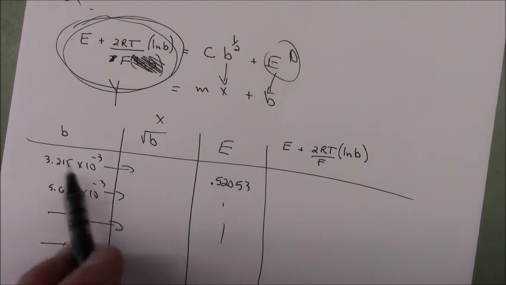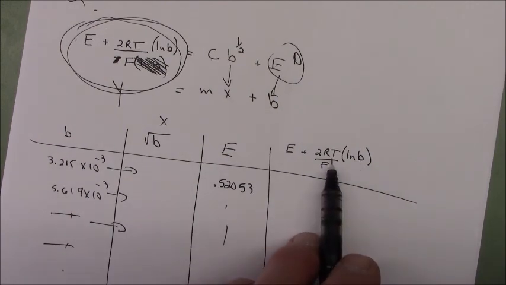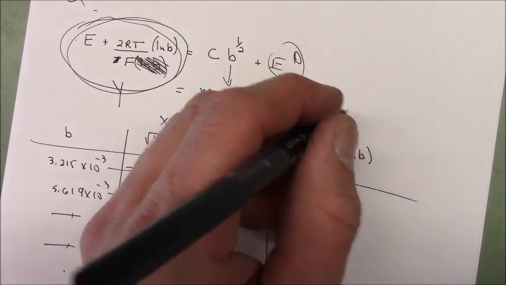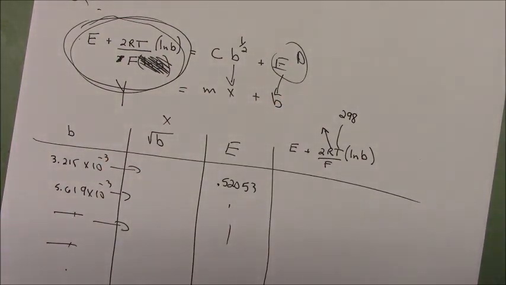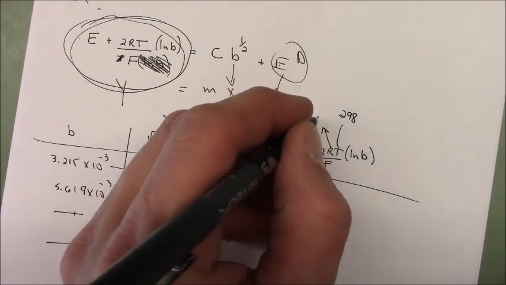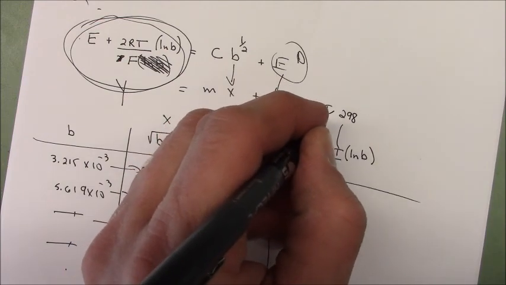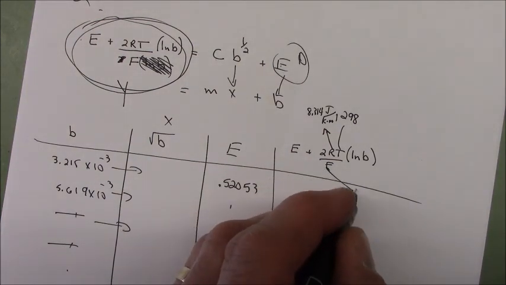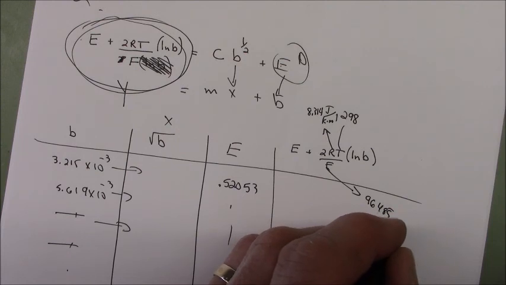That B will come from here, right? The T we know is 298, unless told otherwise, and plus it's standard, it's 298, R is 8.314 joules per K per mole. Faraday thing is 96485, and that's coulomb per mole.